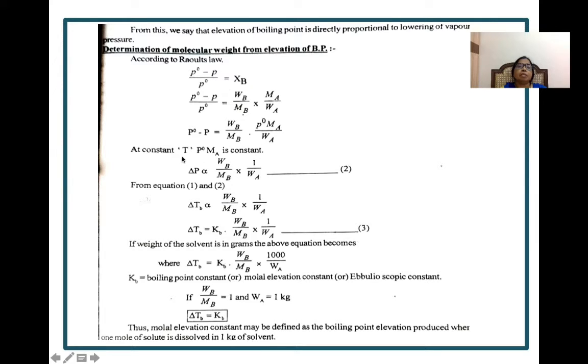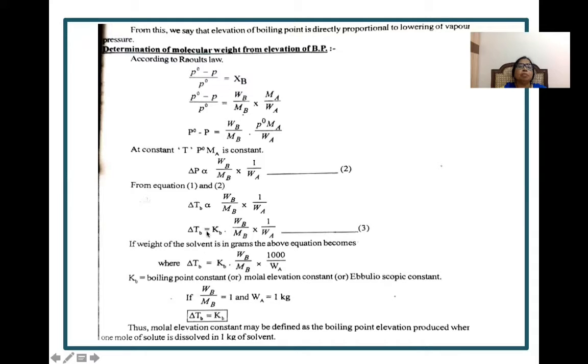At constant T, P0 MA is constant. So delta P is directly proportional to WB by MB into 1 by WA. From equations 1 and 2, delta TB is directly proportional to WB by MB into 1 by WA.